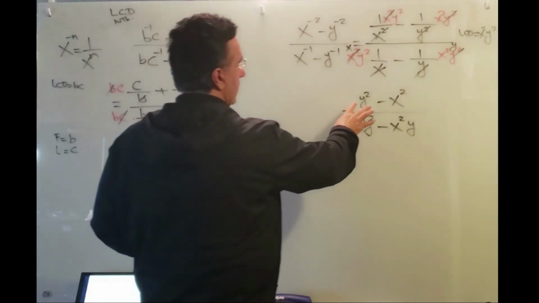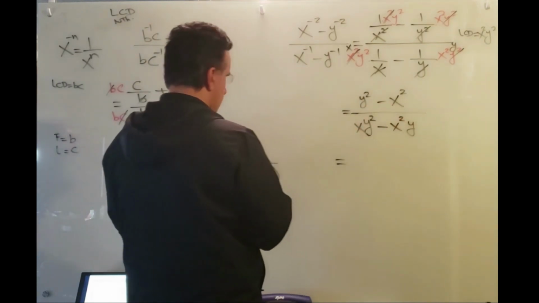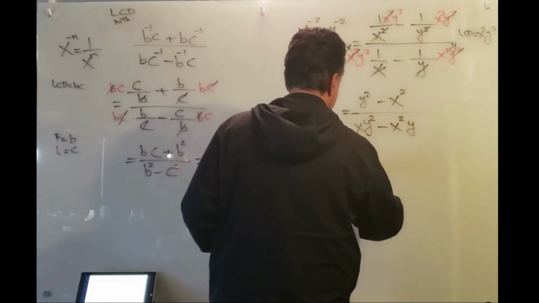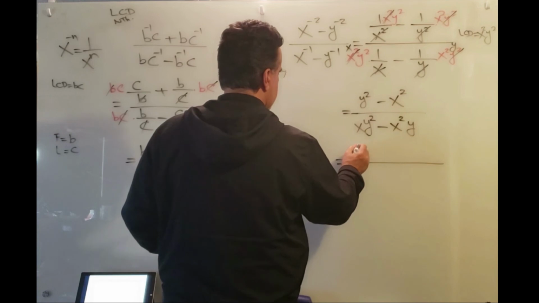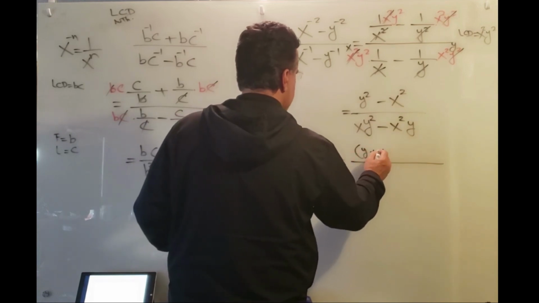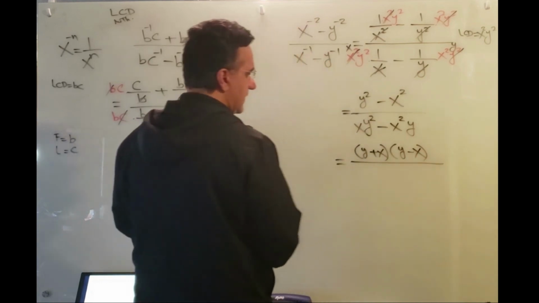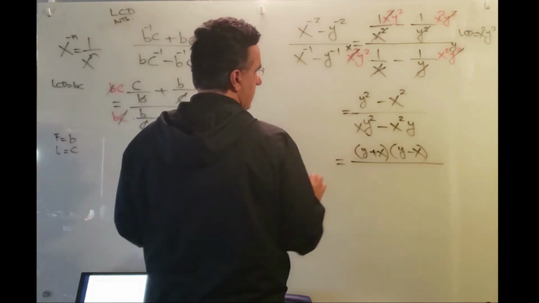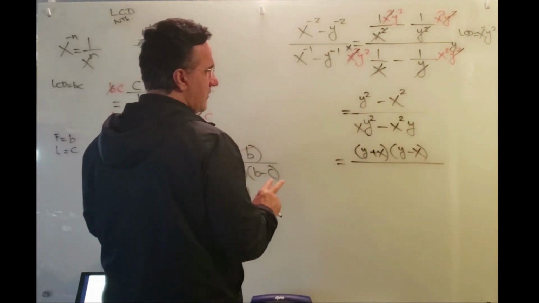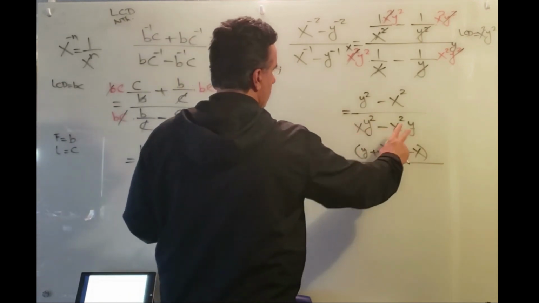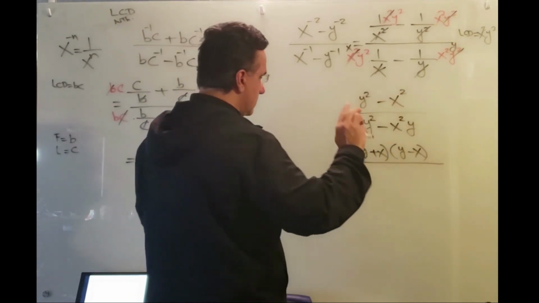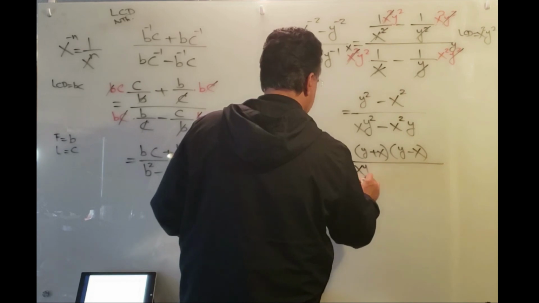So notice that up here, we have a difference of squares. That's going to factor as y plus x times y minus x. Down here, we have a common factor of xy.